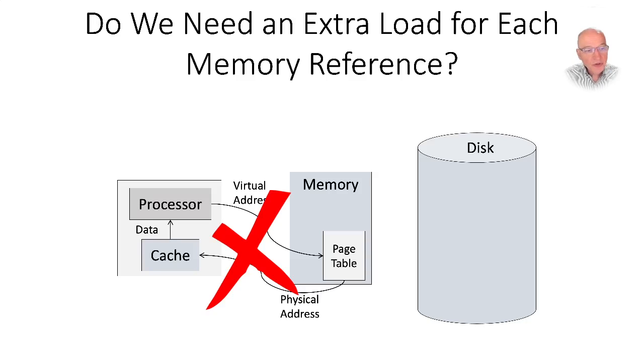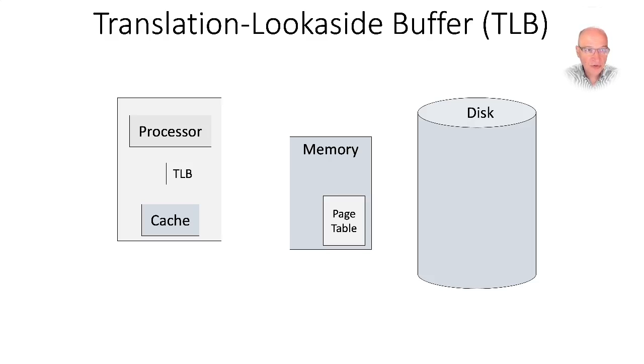The better solution is to have a cache of the translations, and this cache of the translations is a translation look-aside buffer. As you can predict, there is lots of locality in these translations, because when the processor does one access to a memory page, giving spatial locality, there is a very high likelihood that subsequent accesses will be to the same page.